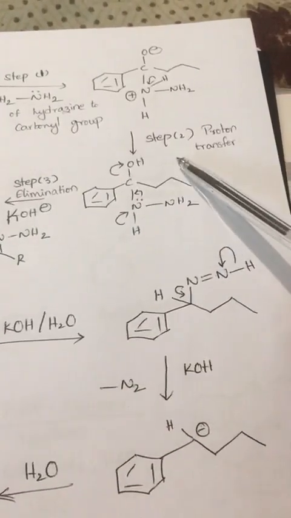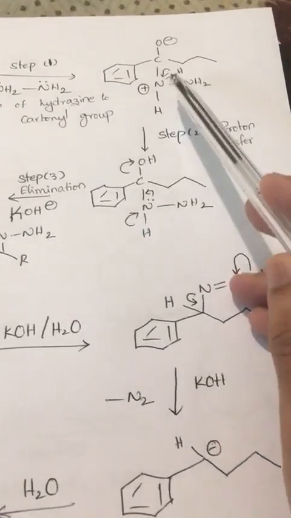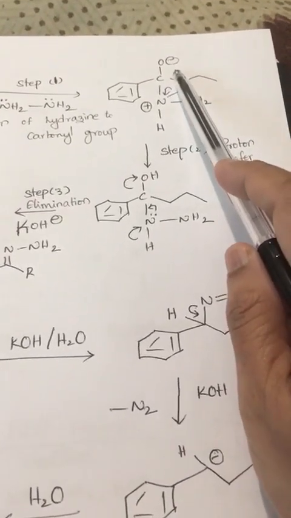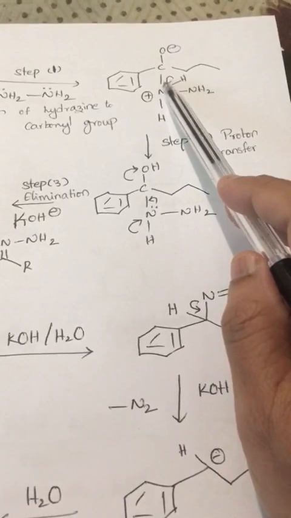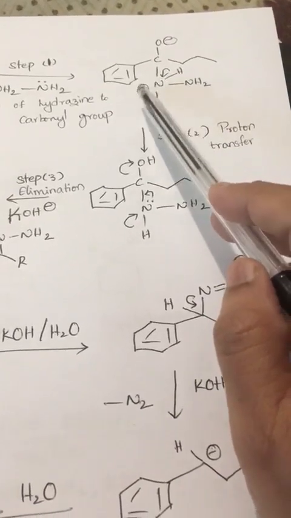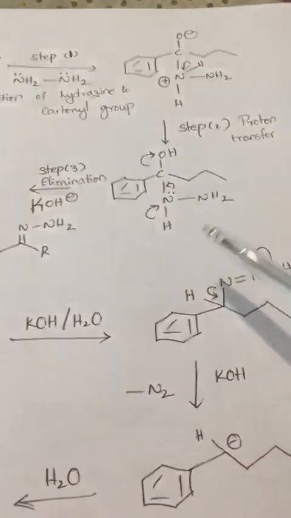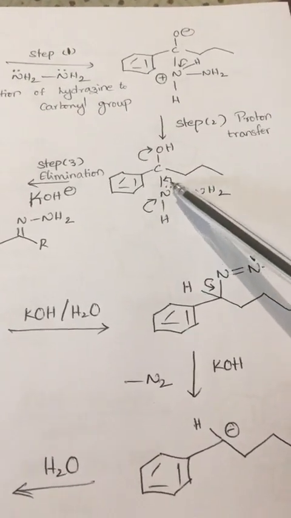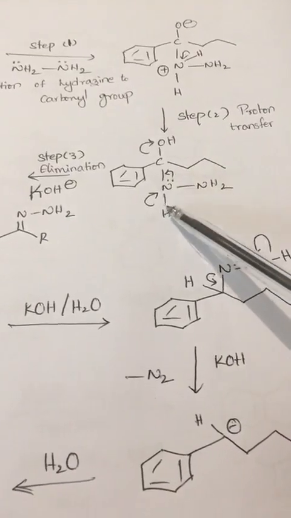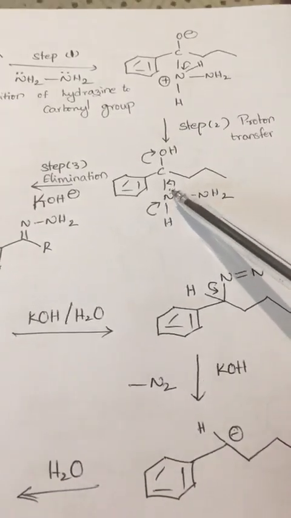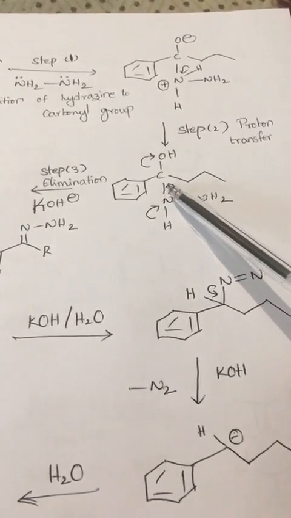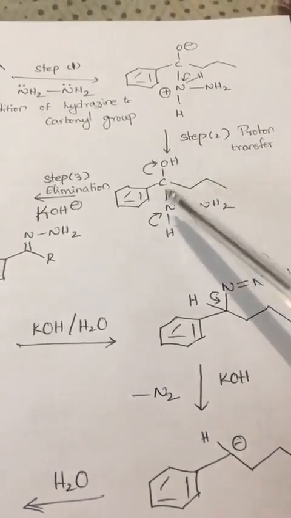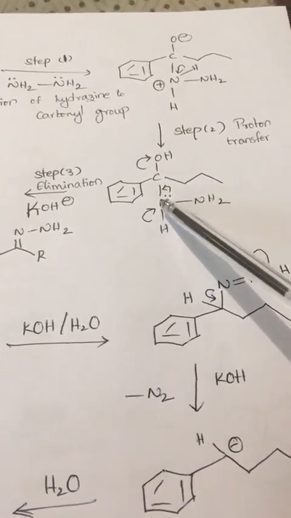In the second step, proton transfer. This proton is transferred towards the negative charge, and the bonded electrons are polarized towards the nitrogen to neutralize the positive charge. Now nitrogen has a lone pair of electrons as it has 3 bonds around it. This lone pair is attracted towards the bond, forming a positive charge.